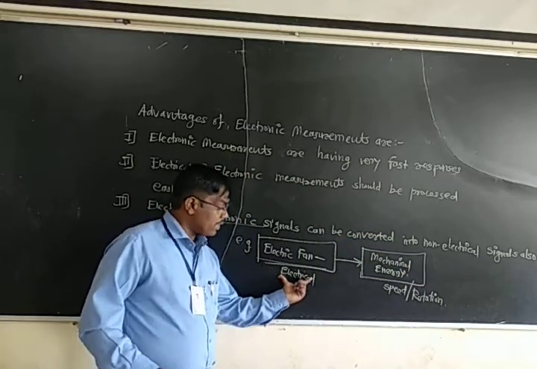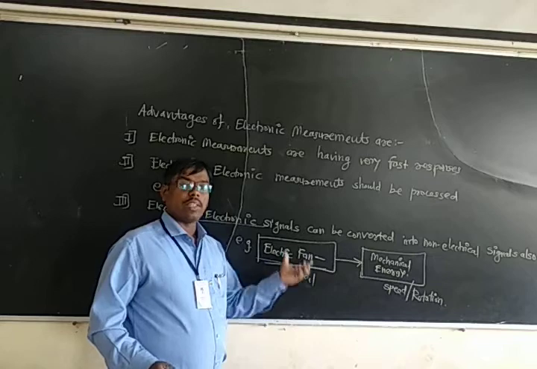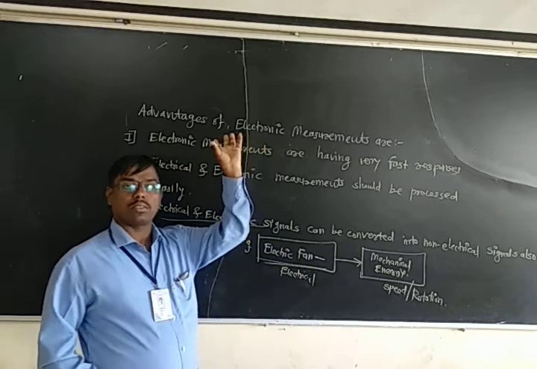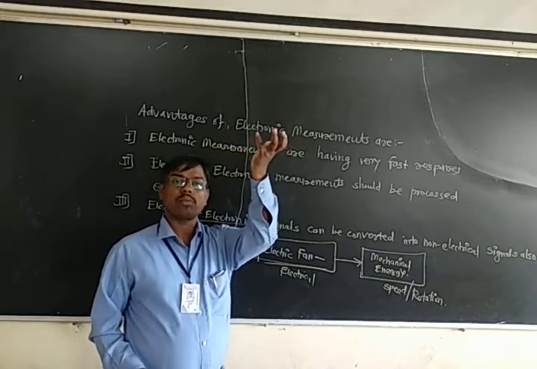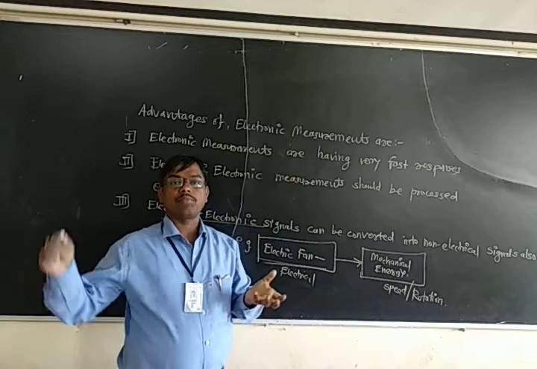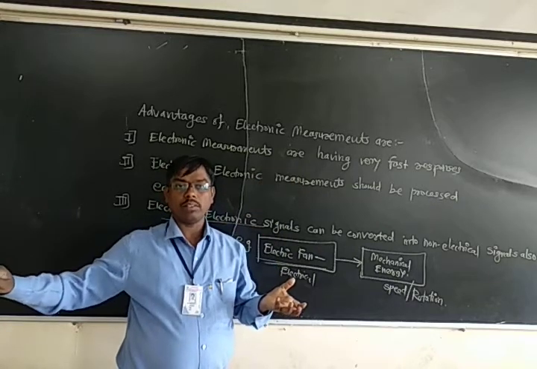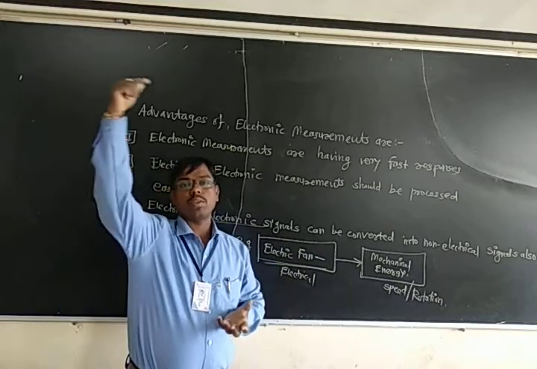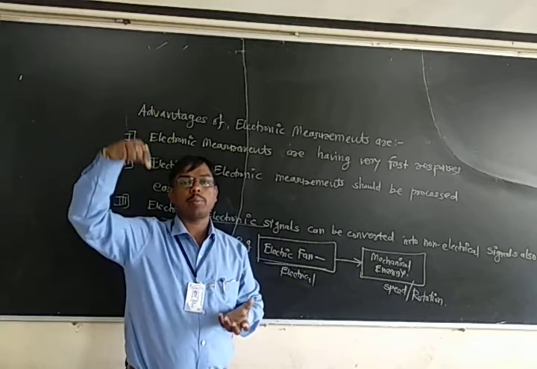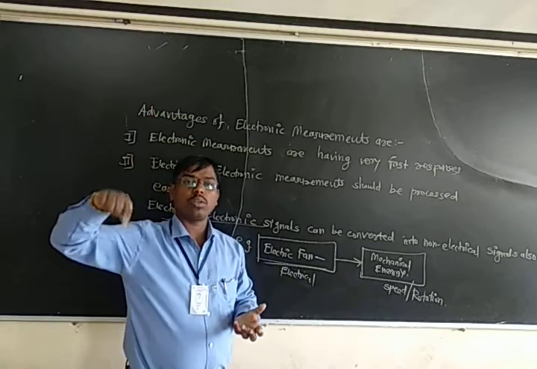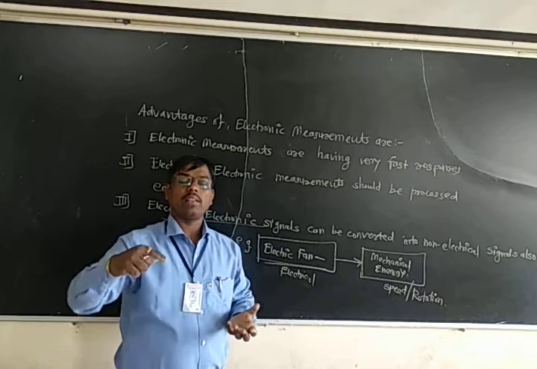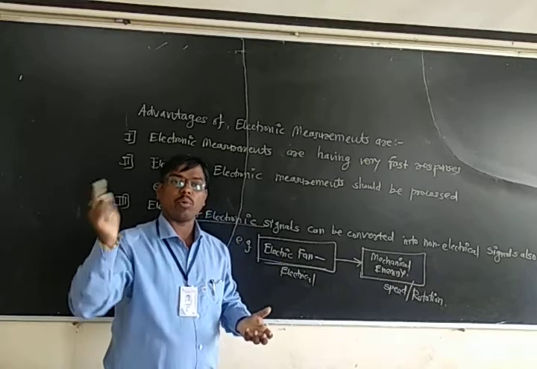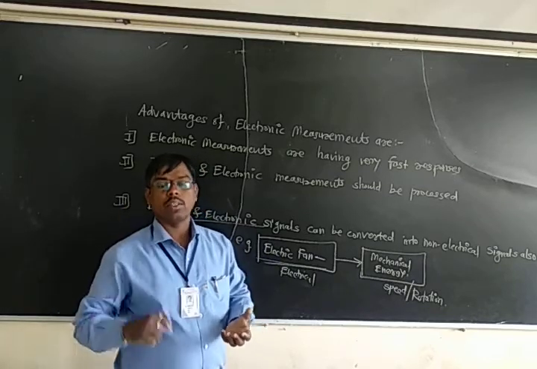Means what? The electric fan which is hanging over the roof of a classroom starts with that particular button. The electrical energy is supplied to that particular motor. Now the motor rotates, along with that the shaft rotates, and along with that shaft the fan rotates. Means what?